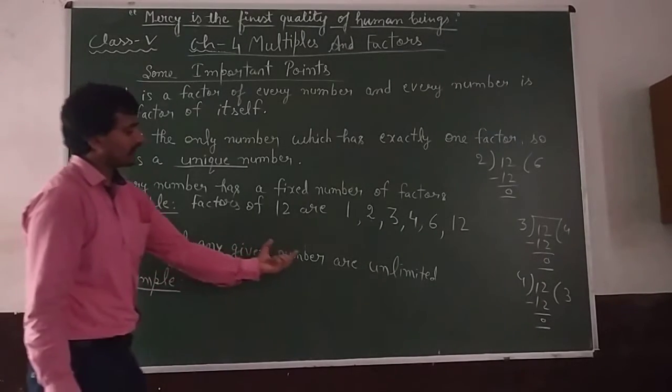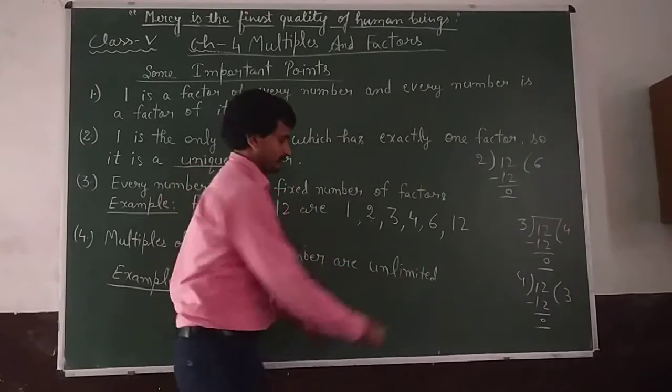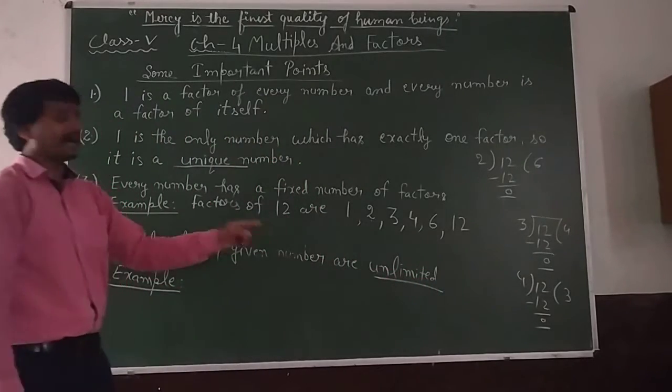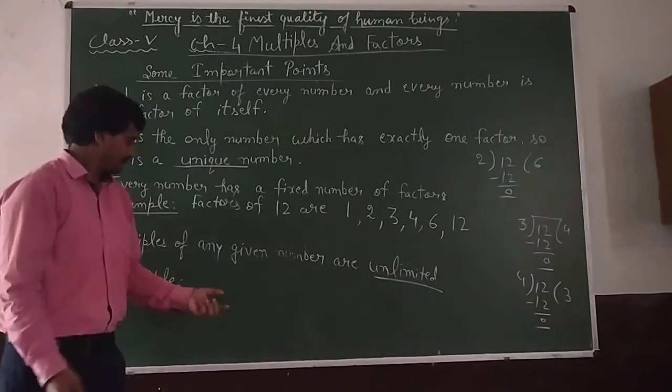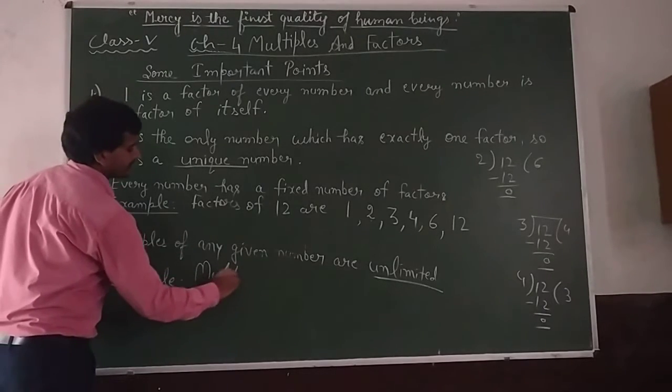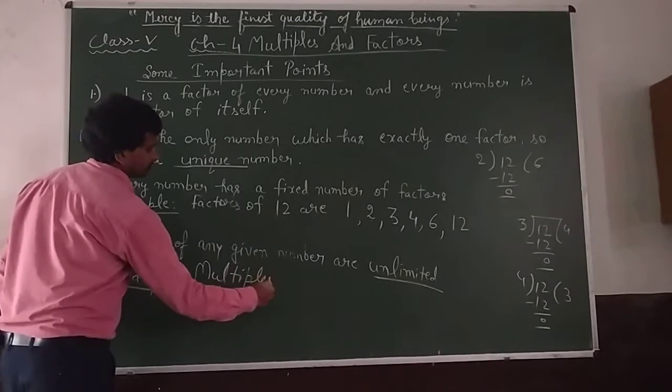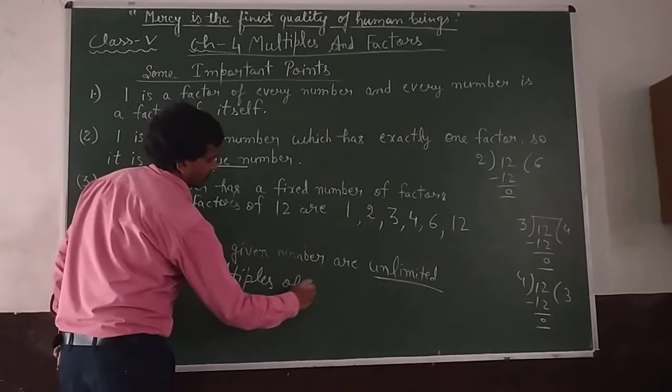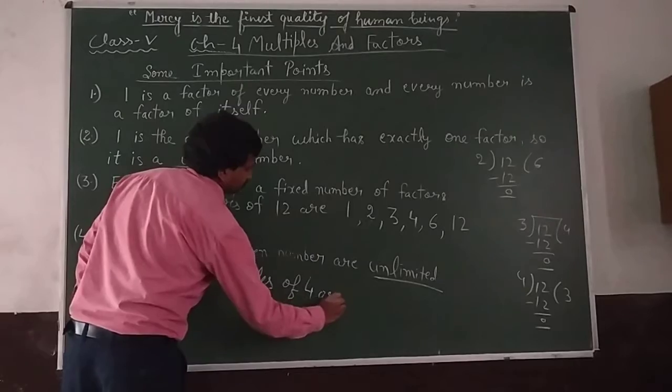Multiples of any given number are unlimited. That means they are not fixed. How? Let us take an example. Multiples of 4.